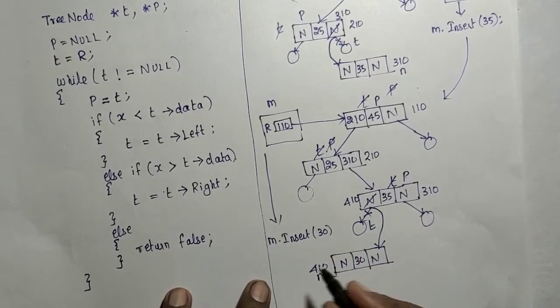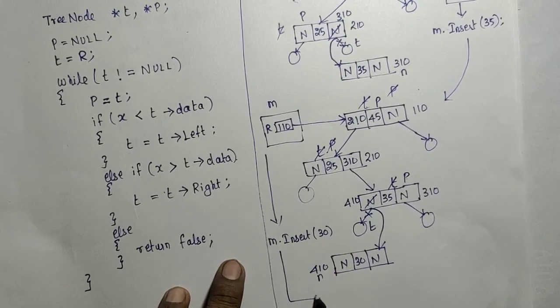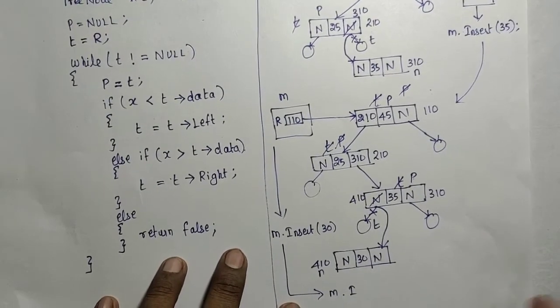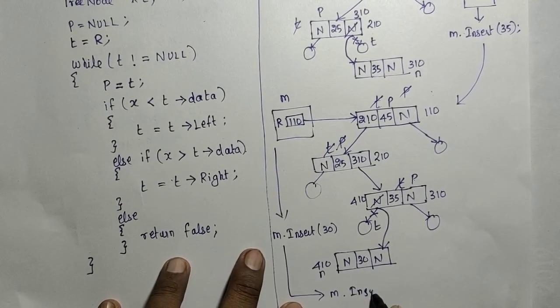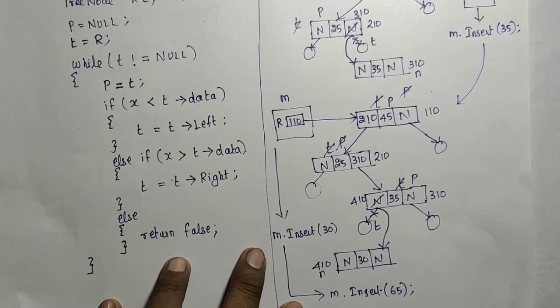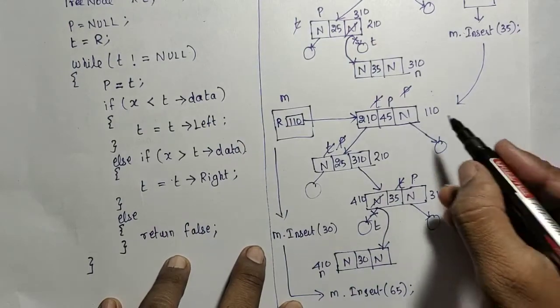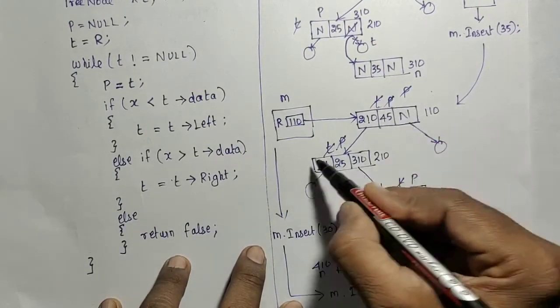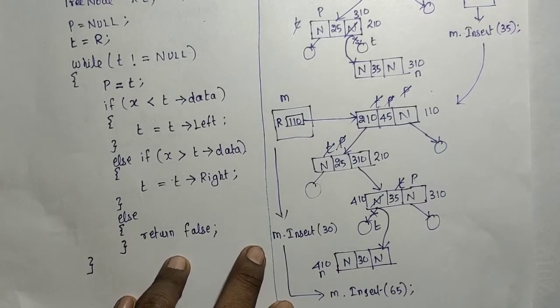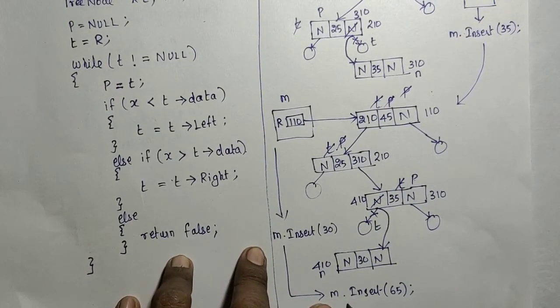Okay, so again if I want to insert m dot insert of 65, like that. If you insert it again, the P is already moved here. Now insert 65.